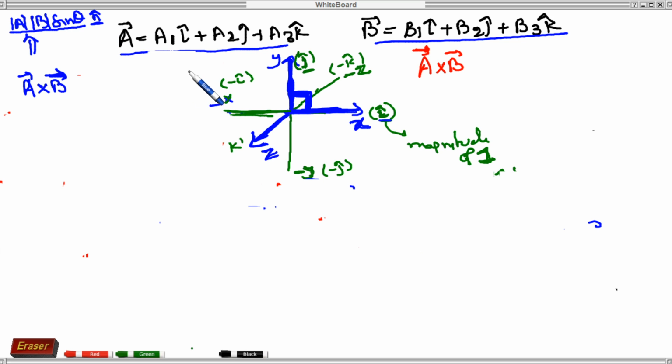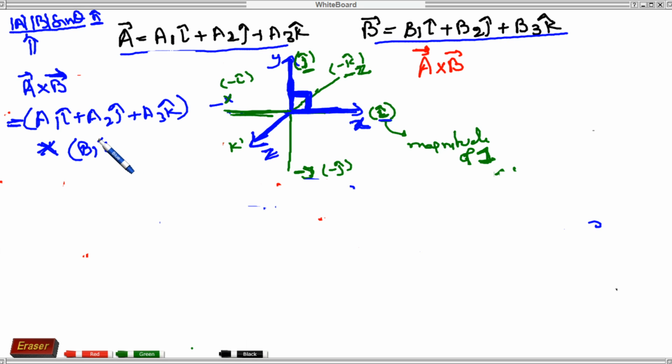Again I am doing it in the same way: a1i plus a2j plus a3k cross, it's cross, b1i plus b2j plus b3k.